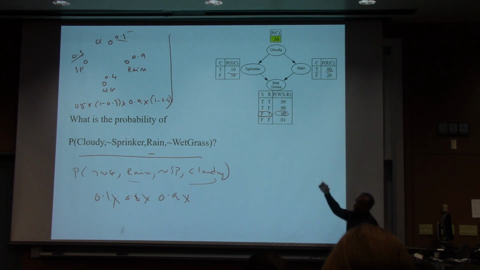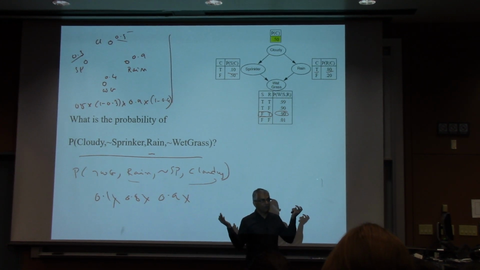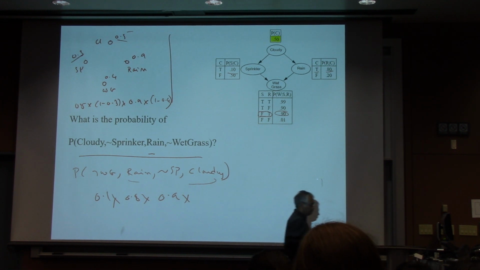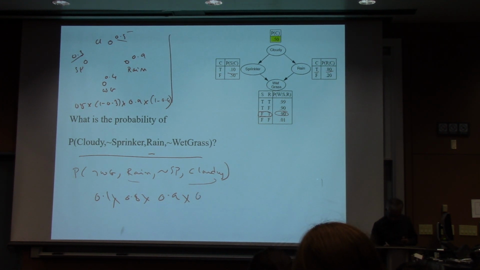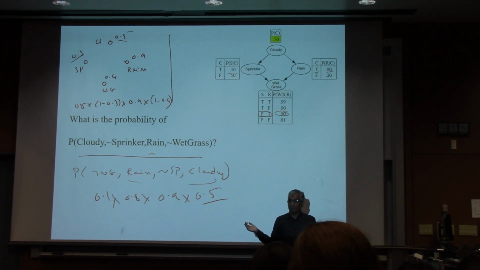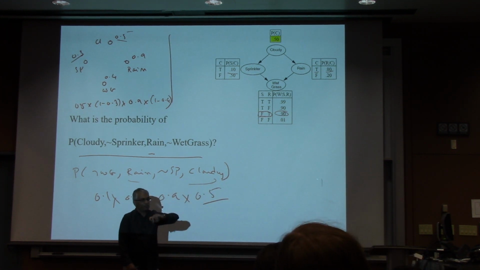It turns out in this particular case, cloudy is independent of everything else given its parents. Its parents don't exist, it's a root. So that's just probability of cloudy, which is 0.5. That's a number. So you can write a little program that will spit out the 16 numbers corresponding to this probability distribution.